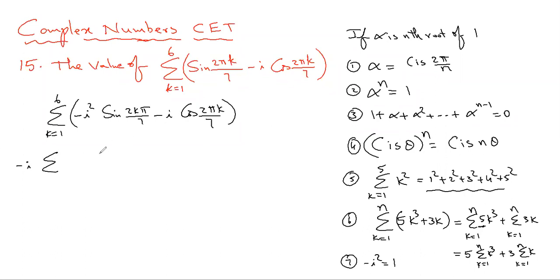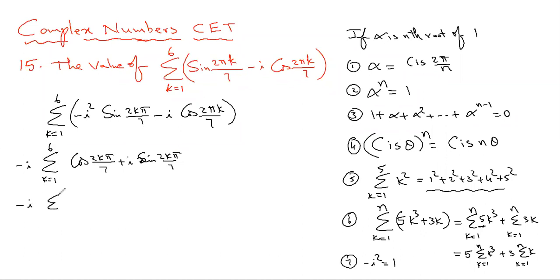And then this becomes cos 2k pi by 7 plus I sin 2k pi by 7, with k equal to 1 to 6.